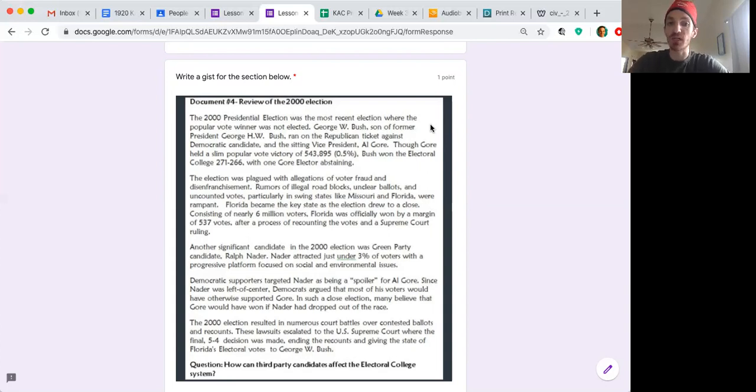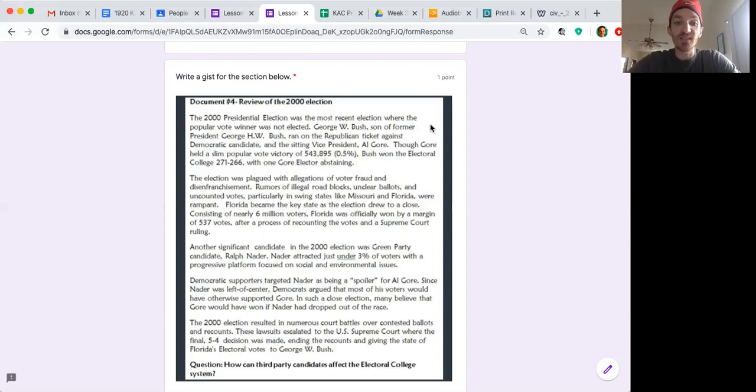The election was plagued with allegations of voter fraud and disenfranchisement. Rumors of illegal roadblocks, unclear ballots, and uncounted votes, particularly in swing states like Missouri and Florida, were rampant all over the place. Everyone was like, this vote wasn't counted. This ballot doesn't make any sense. Everyone kept saying that. Florida became the key state as the election drew to a close.